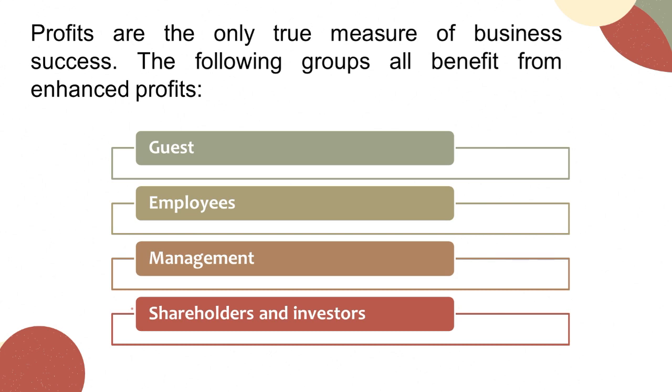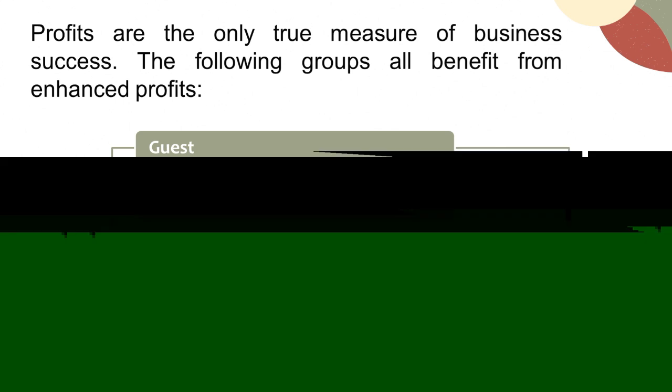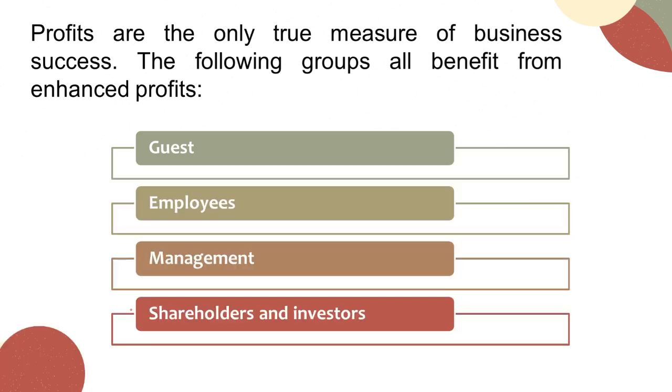So second one is employees. In order to achieve long-term success, employees must be involved in the profit-making and profit-taking. Okay, so of course, if there is enhanced profit, syempre magbe-benefit din dyan yung ating mga employees. Next one is the management. Structured reward systems are necessary for management.